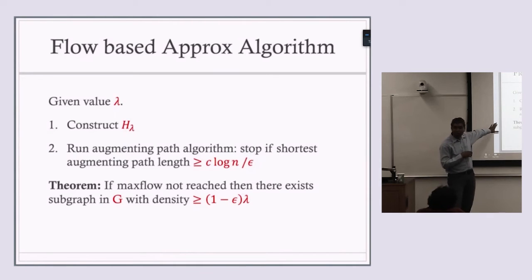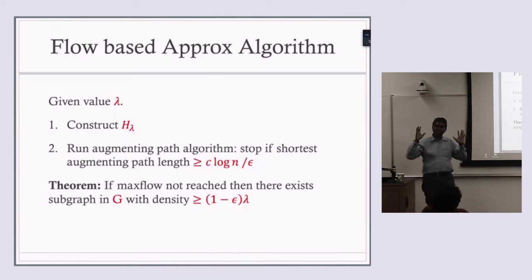So this is a corresponding thing for densest subgraph. It is saying once you get to log n over epsilon, you'll be good. At a heuristic level, you don't need to keep pushing flow all the way. You can stop when the augmenting paths are sufficiently long.